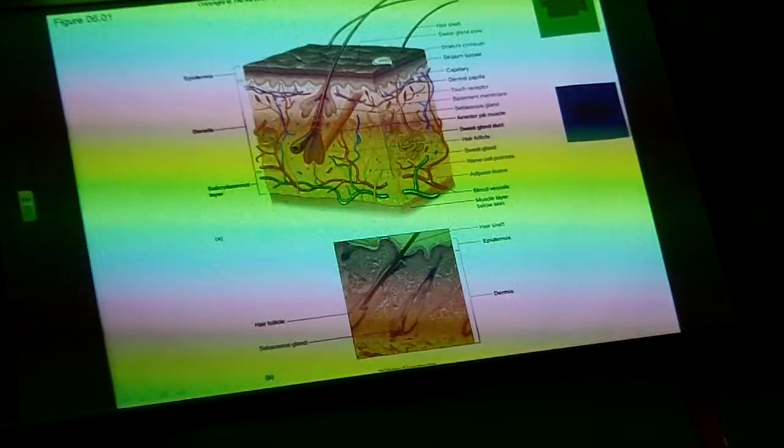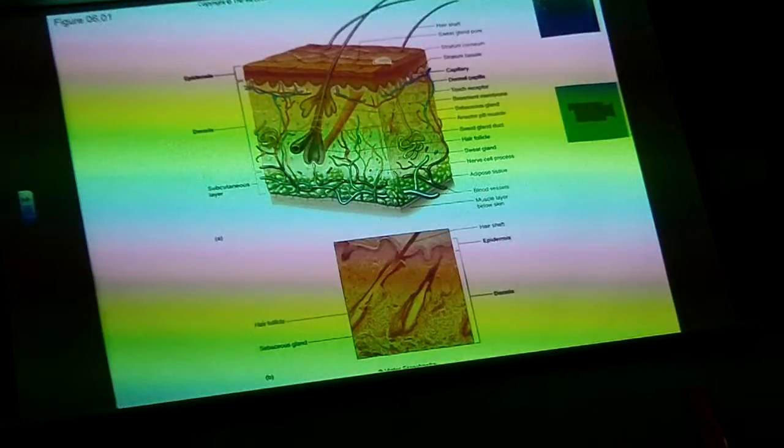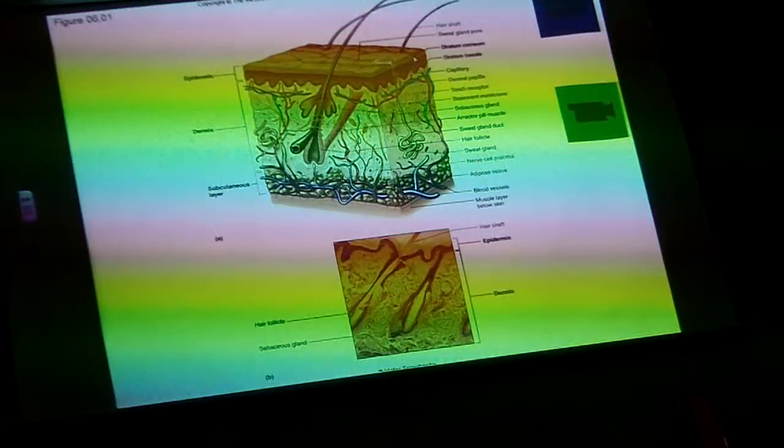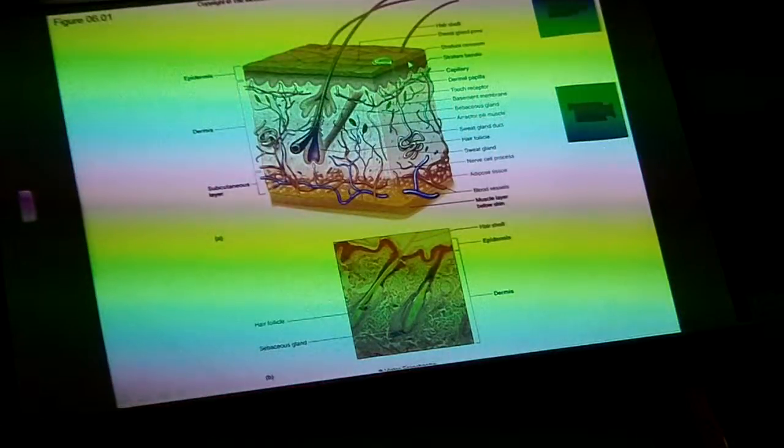See, the blood vessels that feed the cells are down here. These cells are far removed from any blood vessels, and they die.